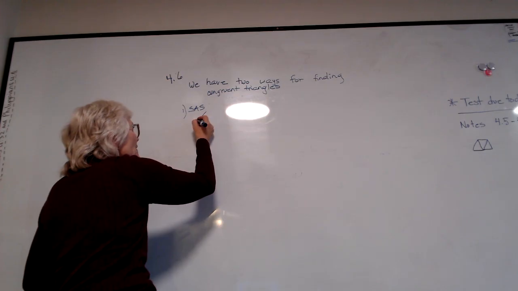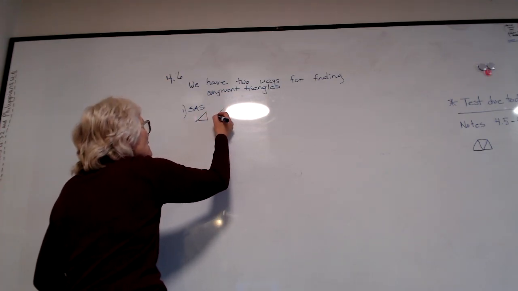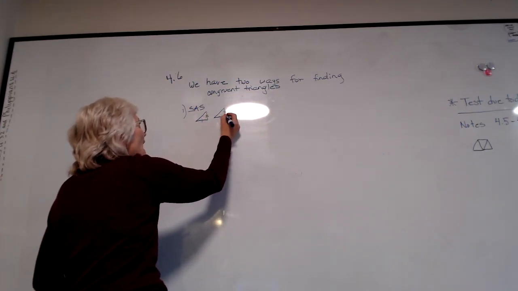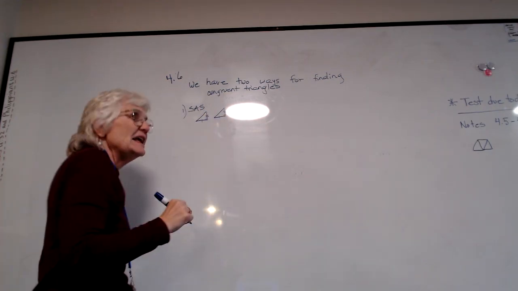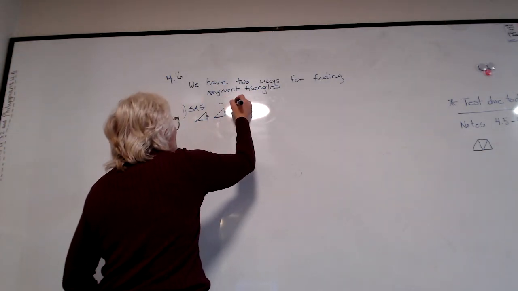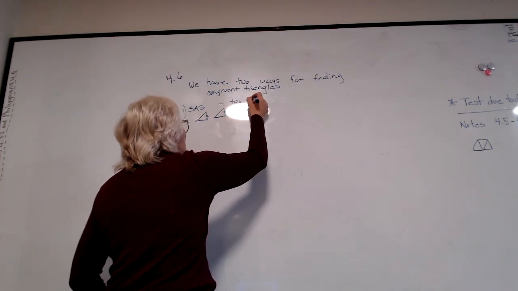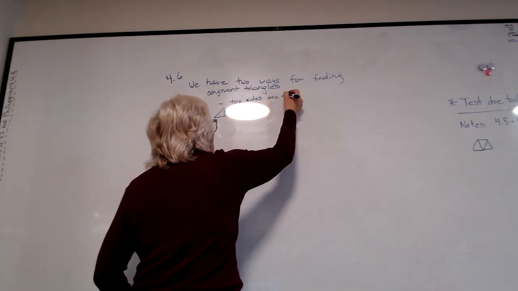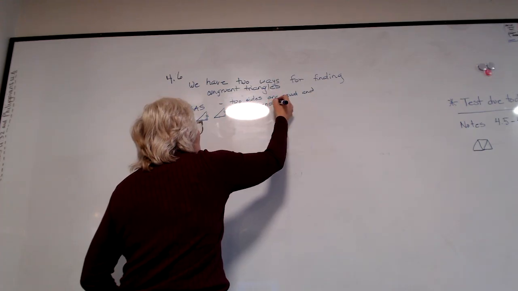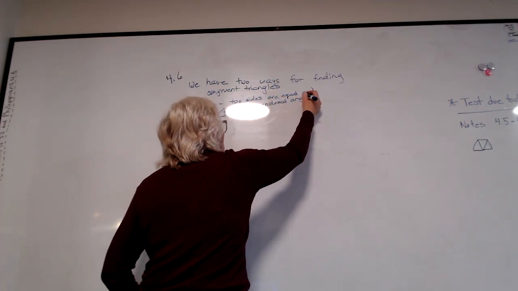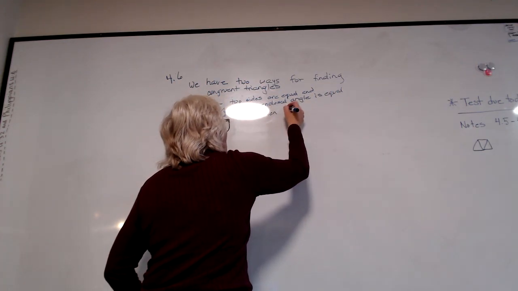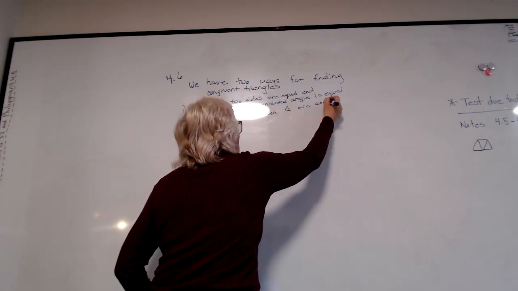What that means is if you have two triangles that have two equal sides and the enclosed angle, the angle between, then they are congruent.